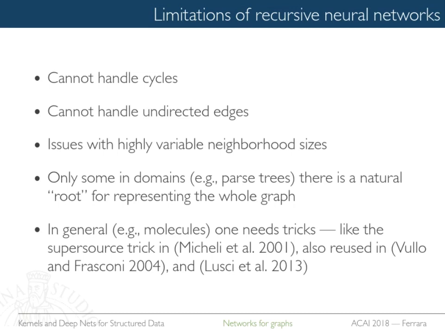And so one trick is to add a special node that will collect information from all the other vertices. But it's a hack, really, which has been used in a few cases, also successfully, also for molecules, but it's a hack. Okay? So you would like something more principled.